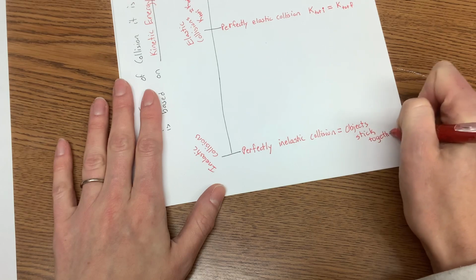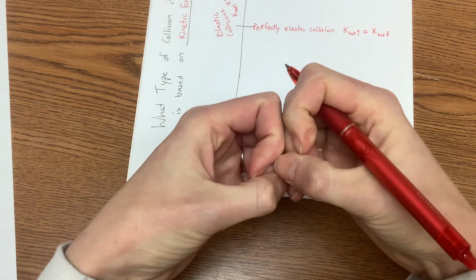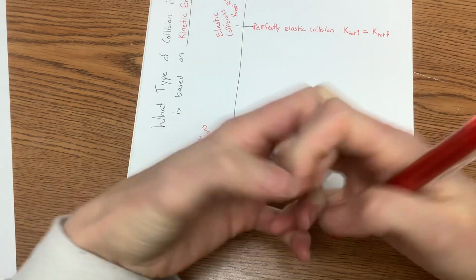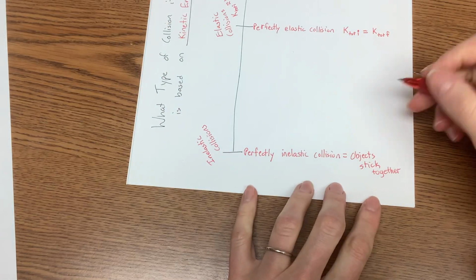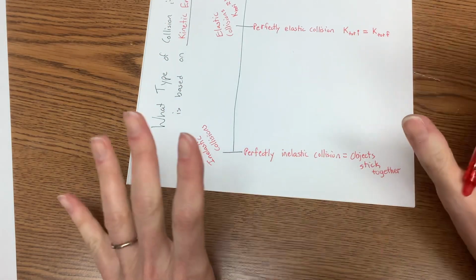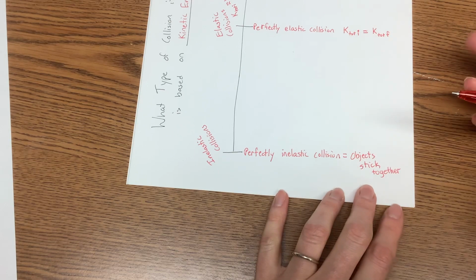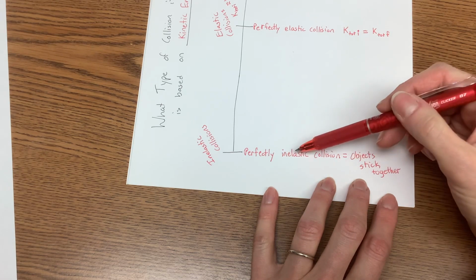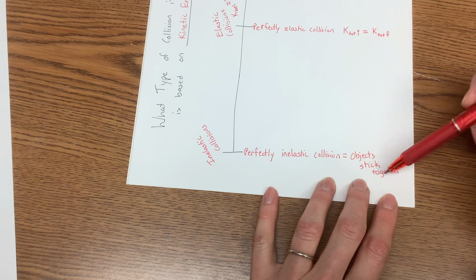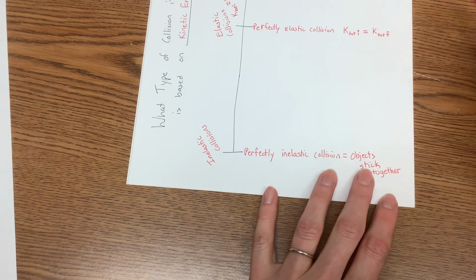Okay? So maybe you've seen this, when cars crash into each other and their front ends get tangled together and now they're stuck and they're moving however direction they're moving. They're still moving, so they have kinetic energy. They haven't lost all the kinetic energy, but they're stuck together. That makes it a perfectly inelastic collision. So if you read in a problem that it says a perfectly inelastic collision, you know that the objects are stuck together. They have not lost all the kinetic energy, they're just stuck together.